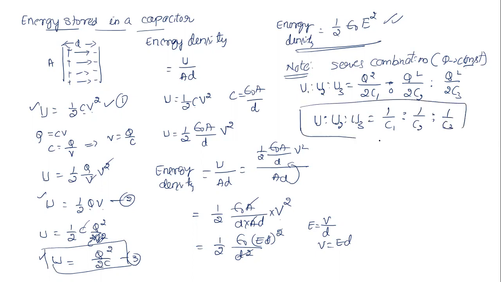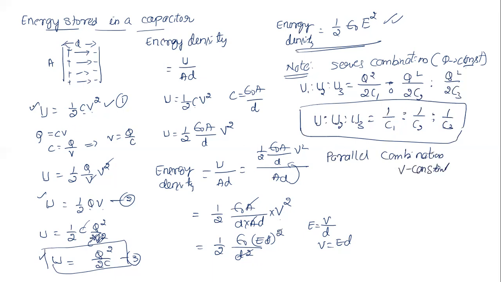Remember, when they're connected in series, the energies are in the ratio of 1 by C1, 1 by C2, 1 by C3. Okay, sir, what if they're connected in parallel combination? For parallel combination, what is constant, students? Potential is constant, V is constant.